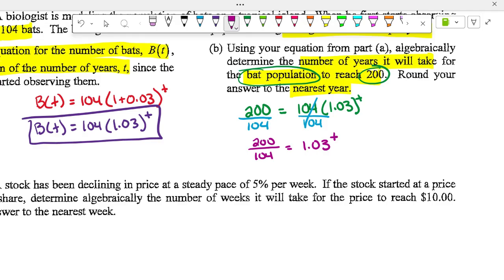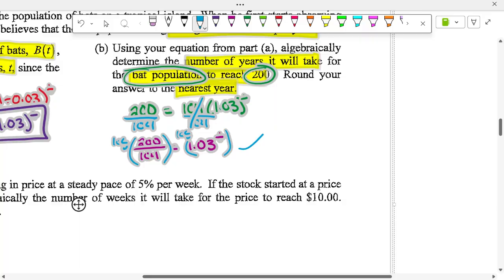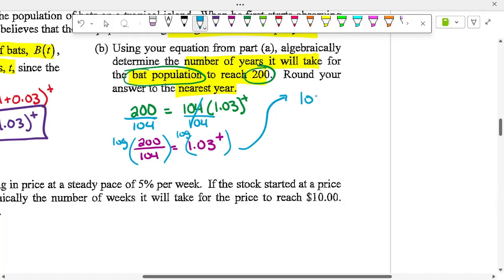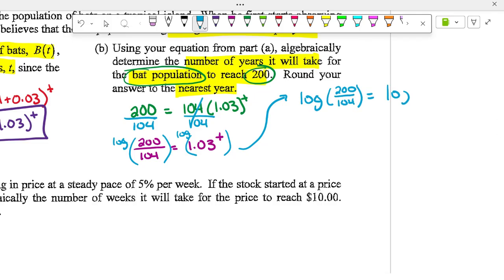Now, since the base is by itself, I can take the log of both sides. So I'm going to take the log of 200 over 104 and the log of 1.03 to the t power. If I write it all out, log of 200 over 104 is equal to log of 1.03 to the t.